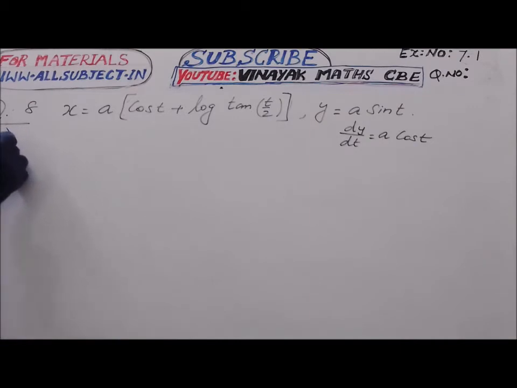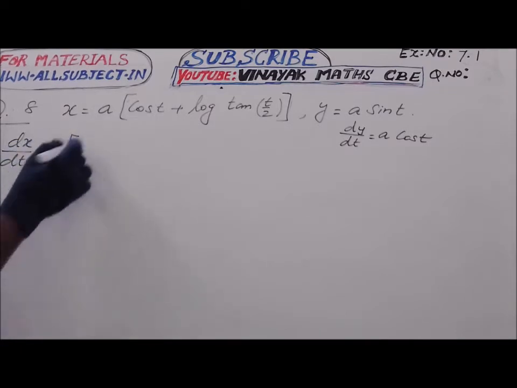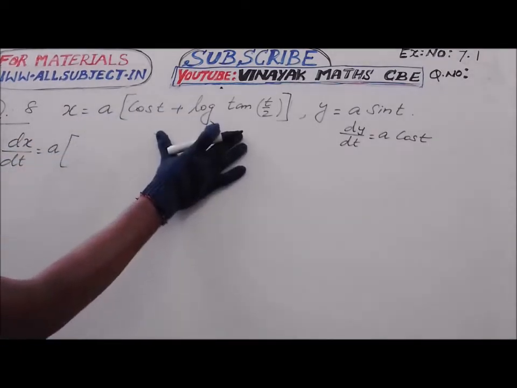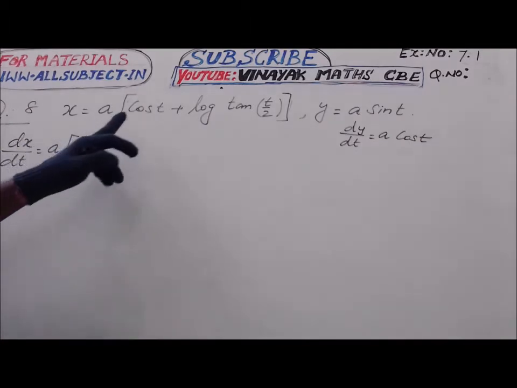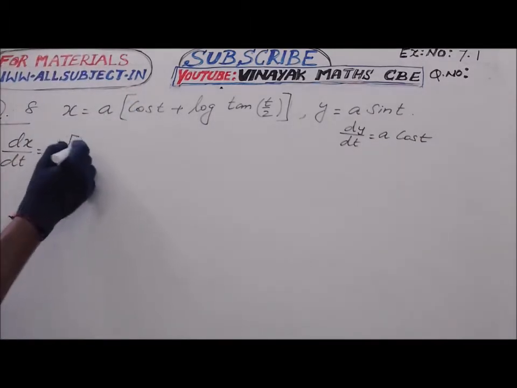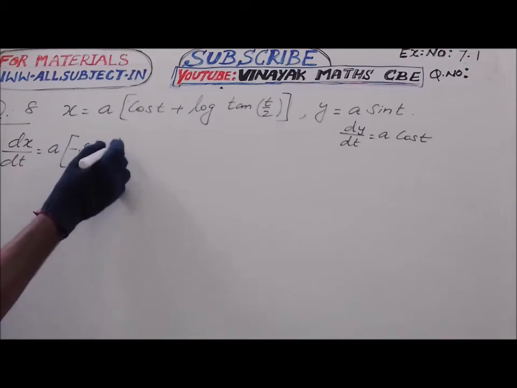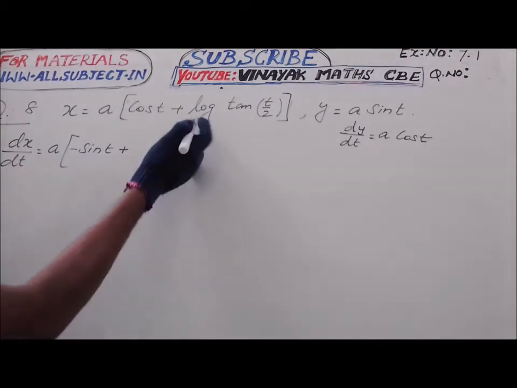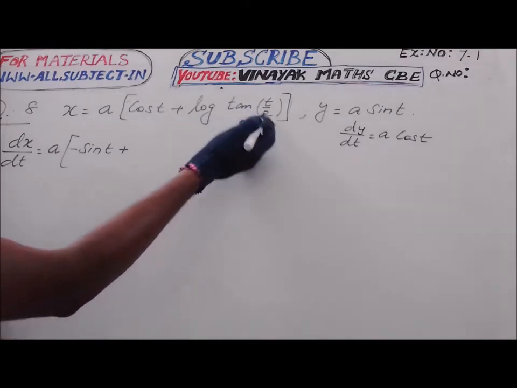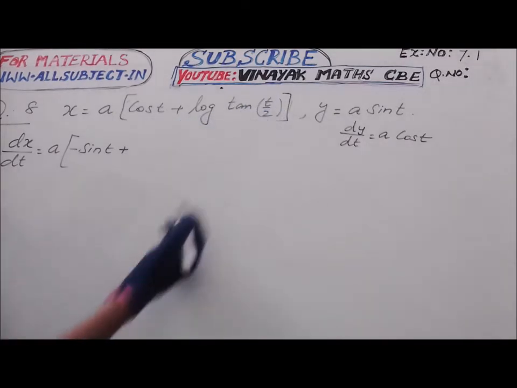So dx by dt equal to a, the constant, because it is in product with the function, should keep the same value a here. Now the derivative of cos t is minus sin t, and then plus. There are three functions that appear here. First one is log x, second one is tan x, another one is t by 2.